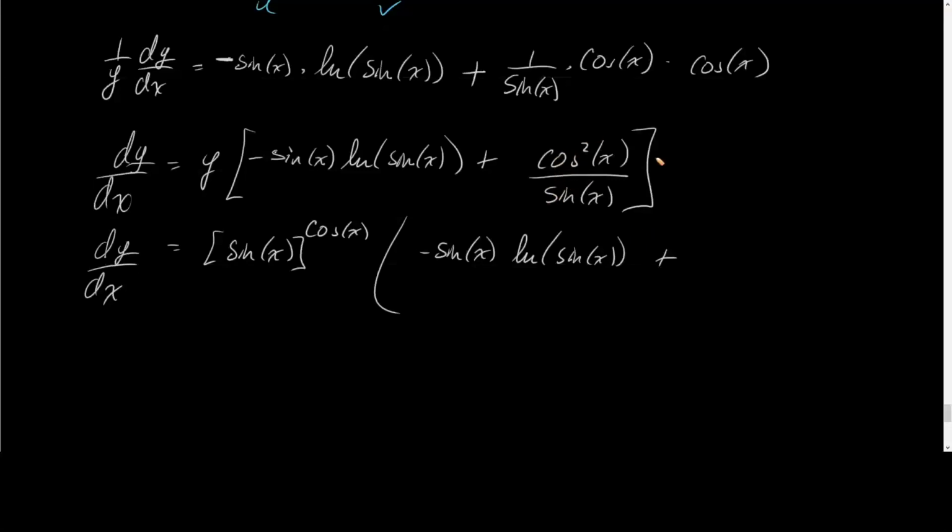Well, cosine over sine is cotangent, so I have cotangent x times a cosine x left over, right? Cosine over sine is cotangent, and a cosine left over. And that will be our final answer.